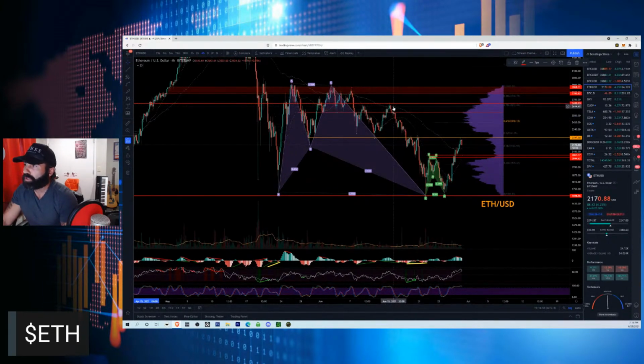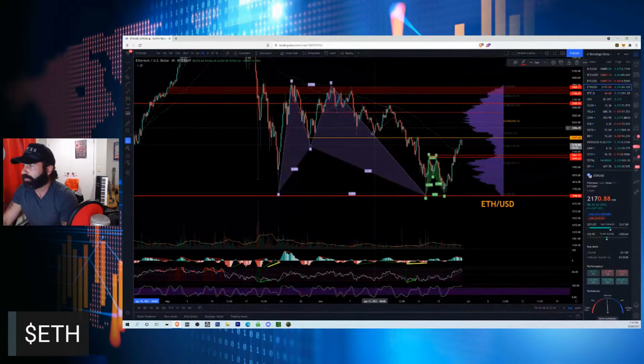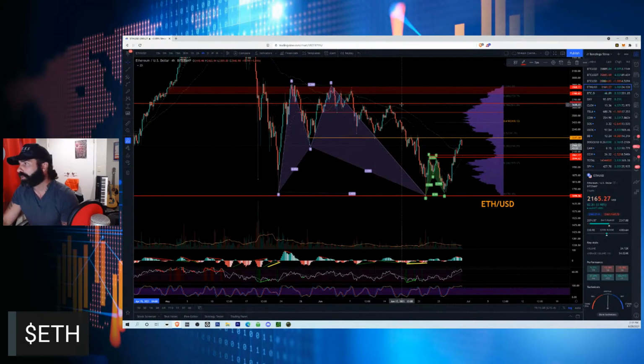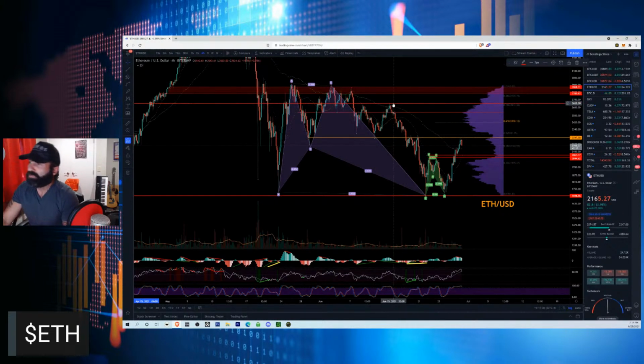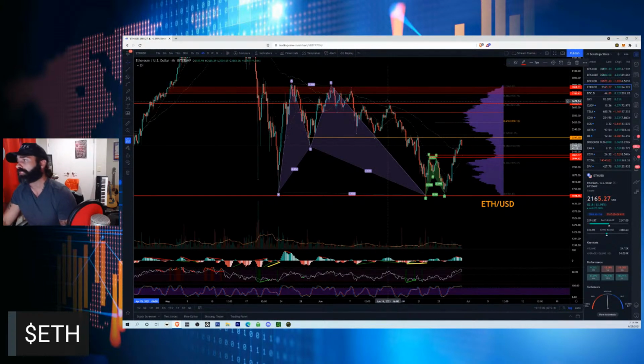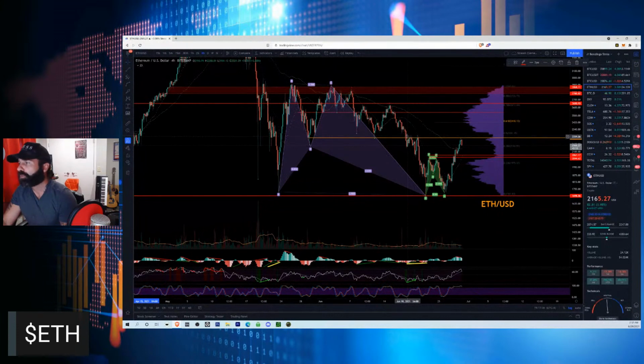So looking at this price action correlation, last time we touched this resistance as support, we went straight up to 2650. From 2650, we went straight down to 2247. So that would be the next zone I'm watching on the upside. On the downside, again, I would expect a retest of 2065 before we try to push that higher high.